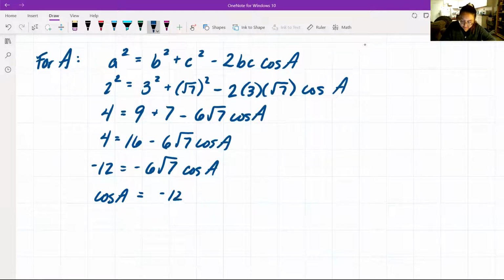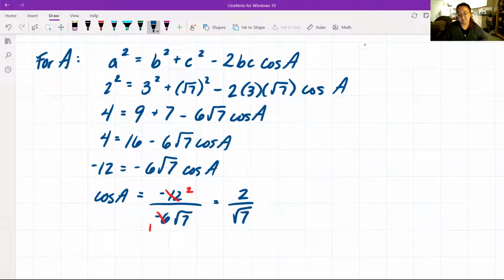So this gives us negative 12 over negative 6 times the square root of 7. But we see that negative 6 and negative 12 have the common factor of negative 6. So if we end up canceling out our negative 6, this leaves us with 1, and this leaves us with 2.